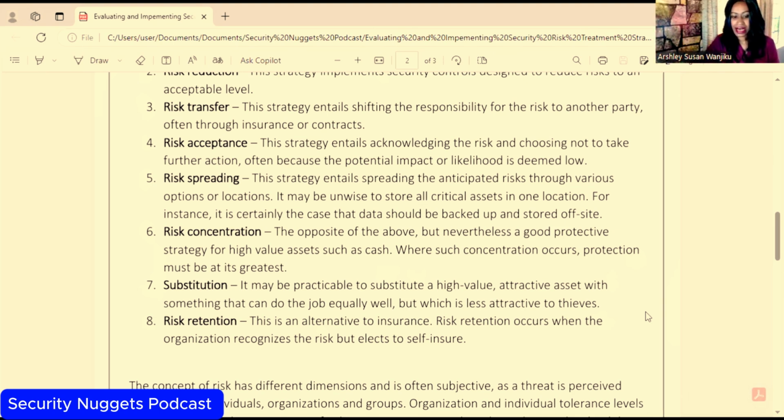So that money is there so that in case of any loss that can be attributed to a risk being actualized, they can go into their pocket and compensate themselves, or rather recover whatever it is that was stolen or sabotaged or compromised, etc., so that they can get back on their feet and have that business continuity going.